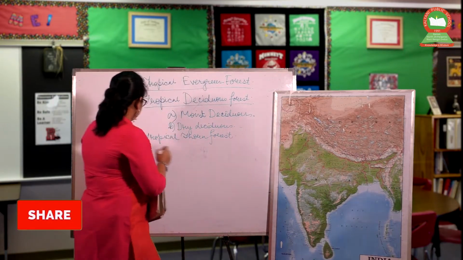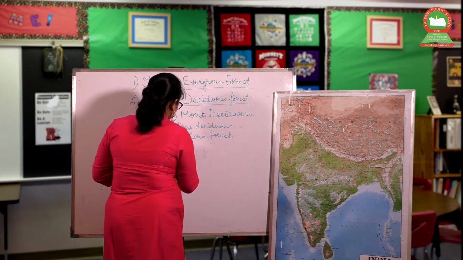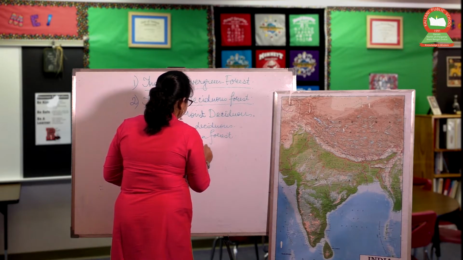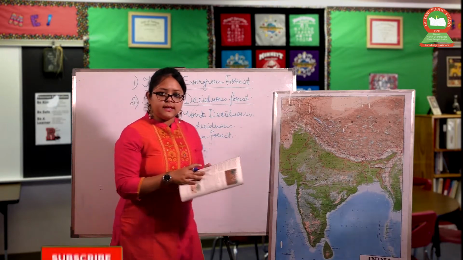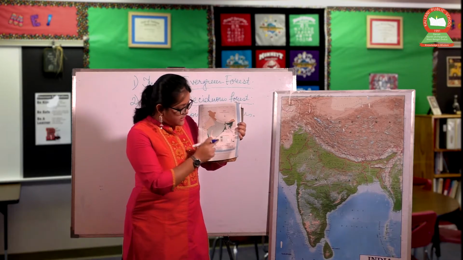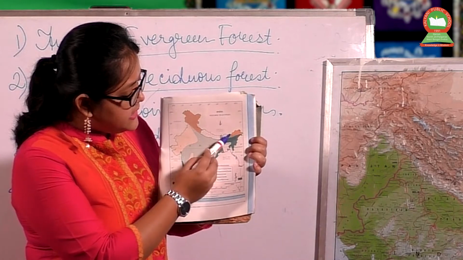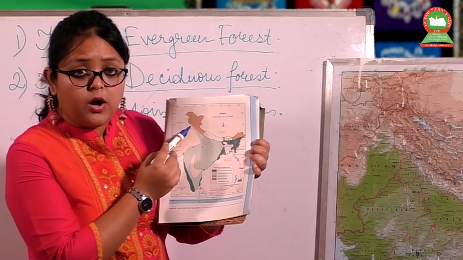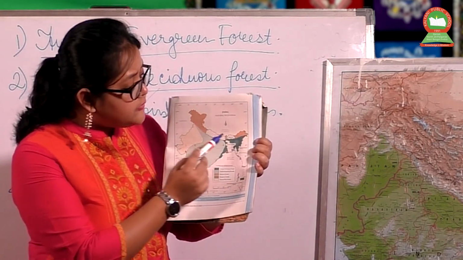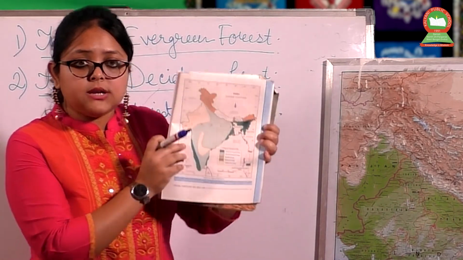Next, the fourth is montane forest or mountain forest. Montane means mountain. So the mountain areas of India, on the map, the light green shaded zone, as you can remember, the whole of the northern mountain region will be considered as montane forest.